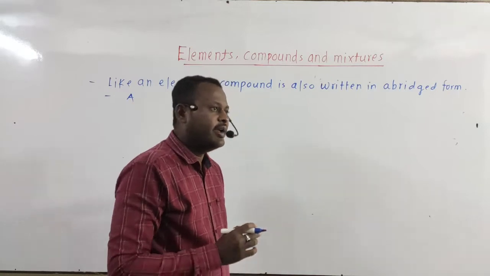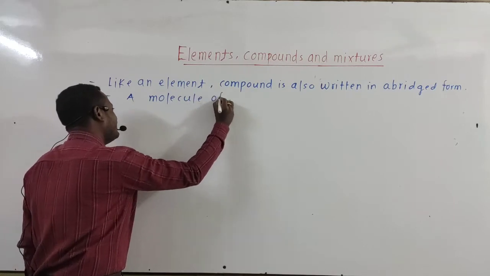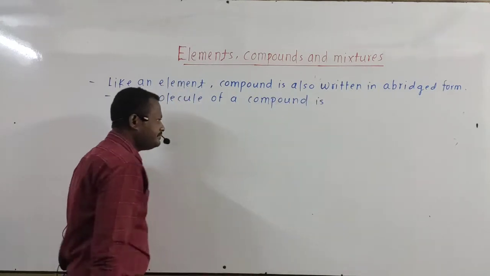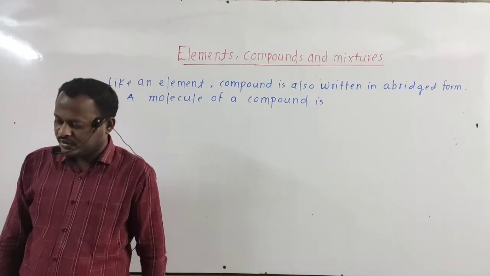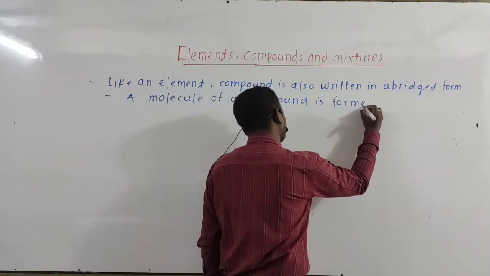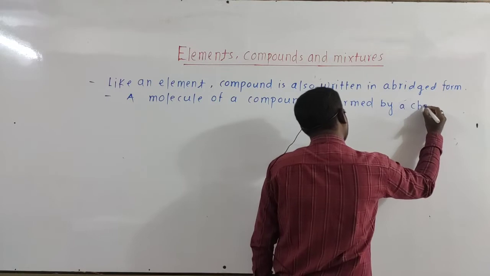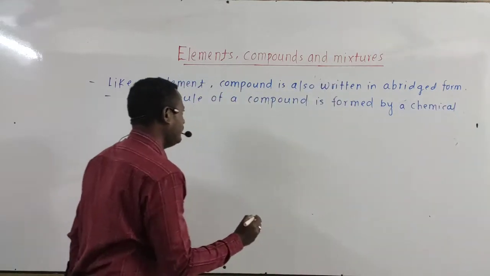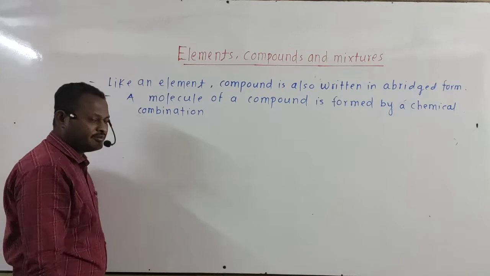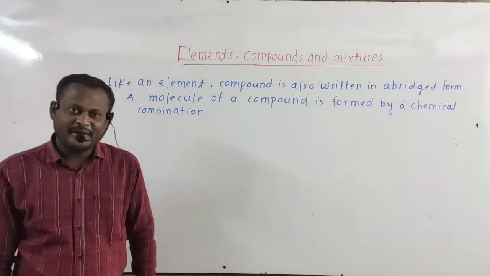That is called a molecule. A molecule of a compound is formed by a chemical combination of atoms of two or more elements.